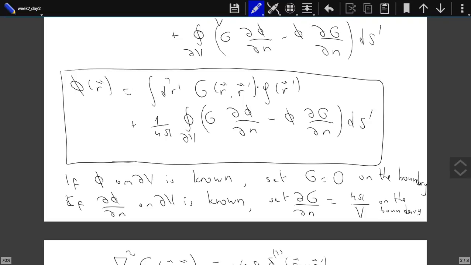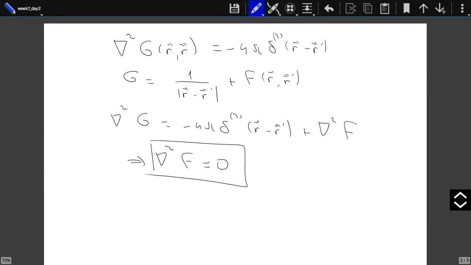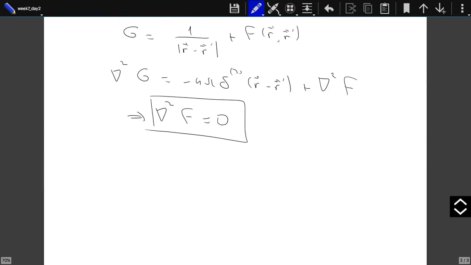Either on the boundary, we can, for example, put a conductor on the boundary, choose the potential on the boundary. Well, then on this conductor, there will be charges contributing to the potential. And this F term basically tells us how these other charges contribute to our potential. And its Laplacian is 0. Now that also makes sense. Its Laplacian is 0 in our volume.